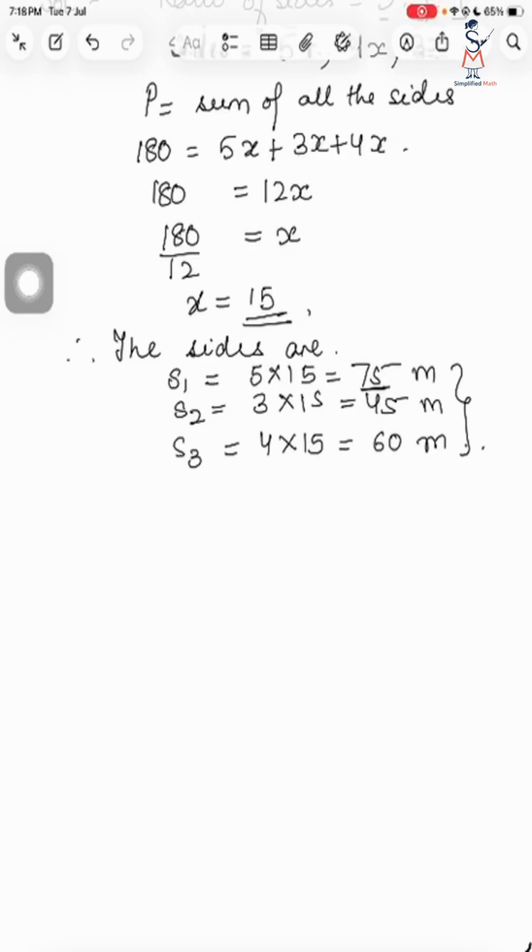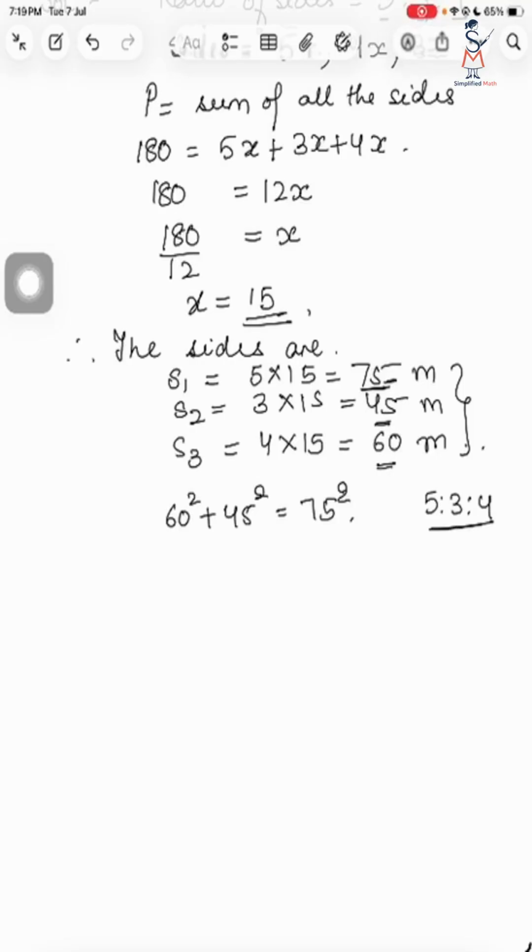Fine. So what we can see from these sides is that the square of this side plus the square of this side is equal to 75 squared, right? That means 60 squared plus 45 squared is equal to 75 squared. This is how I came to know, by the ratios. Now the ratios were 5:3:4.